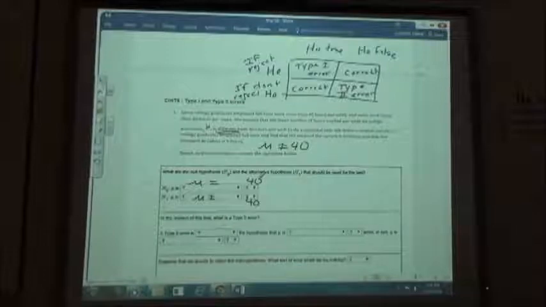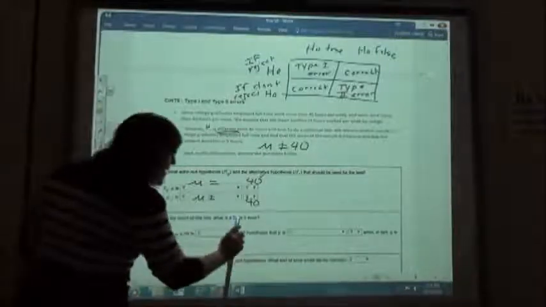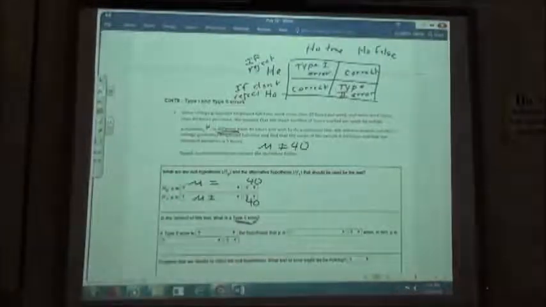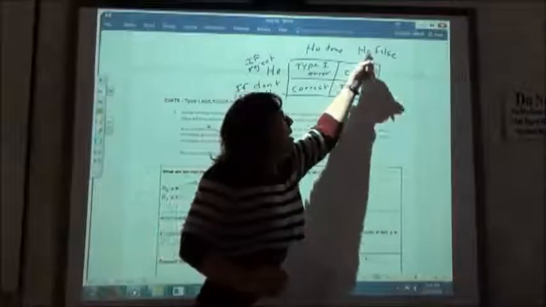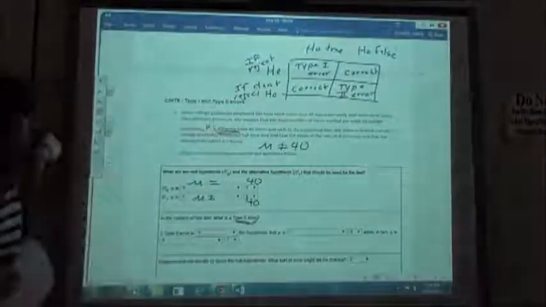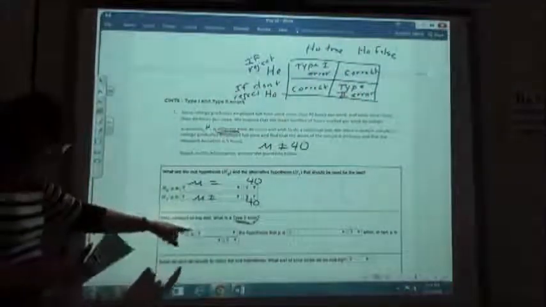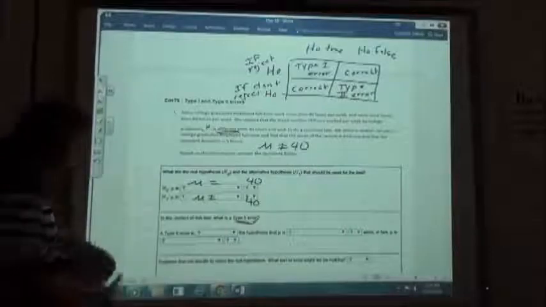So it says, in this context, what is a type 2 error? If it's a type 2 error, you don't reject the null, and my null is false. So here again, you're going to have a drop down.